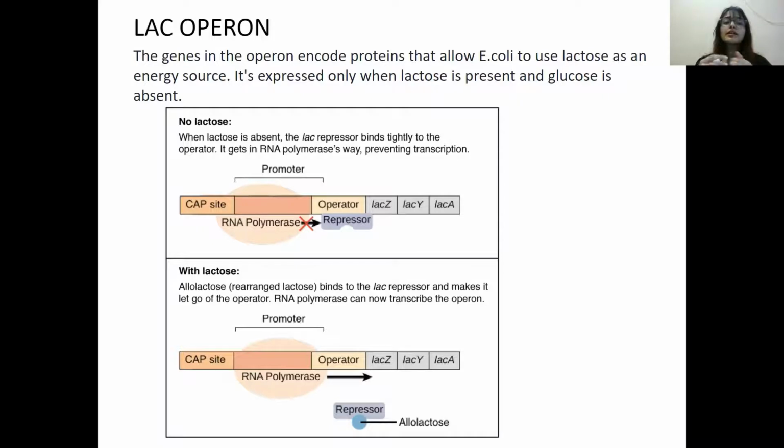Enzymes are basically proteins, and for proteins there should be transcription and translation. So let's see what the lac operon consists of. For the lac operon to take place, you need to have lactose. It will only occur if lactose is present.